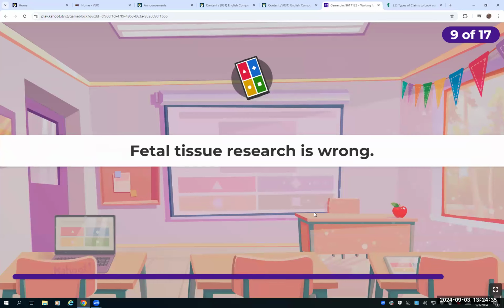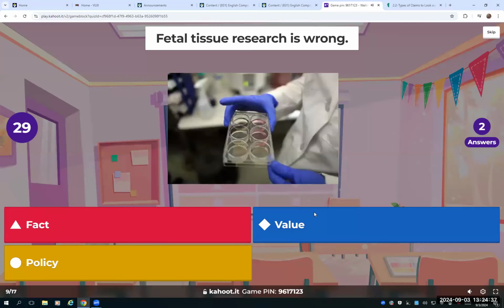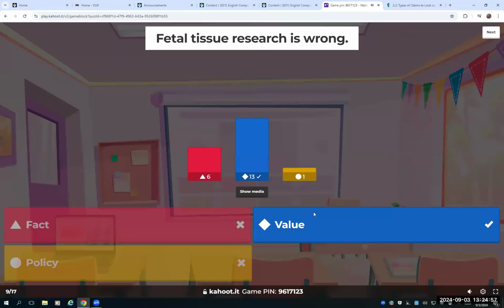Fetal tissue research is wrong. This is bad. It's just wrong. Is that fact, value, or policy? It is value. Saying something is good or bad is a claim of value.